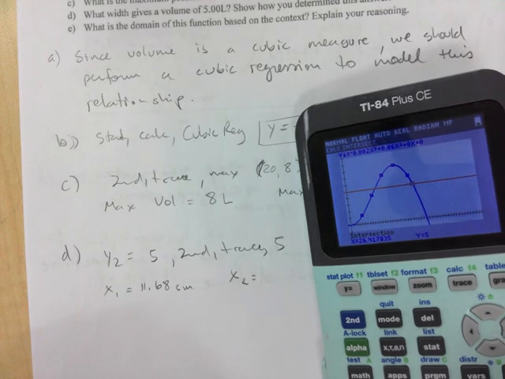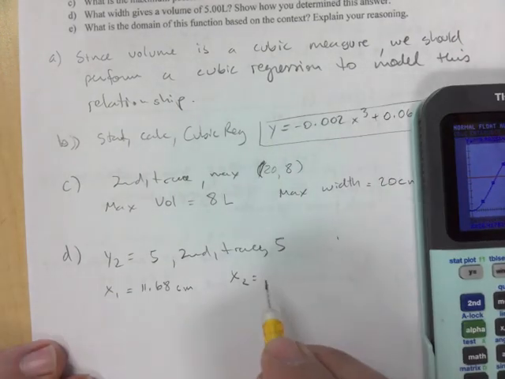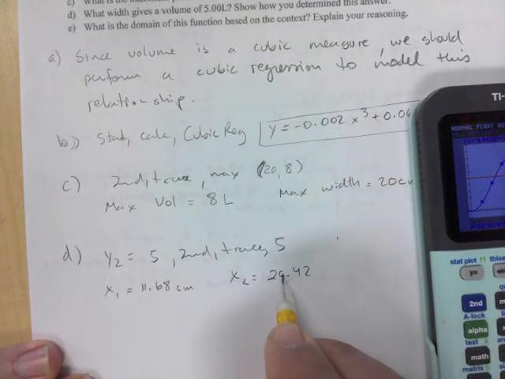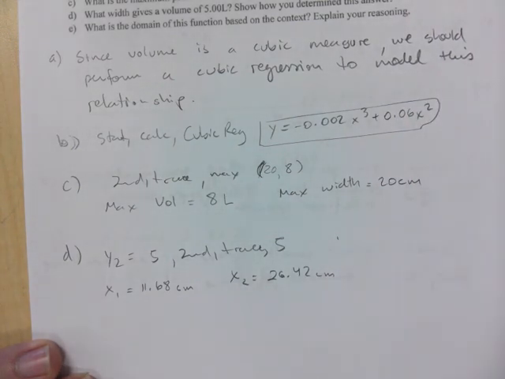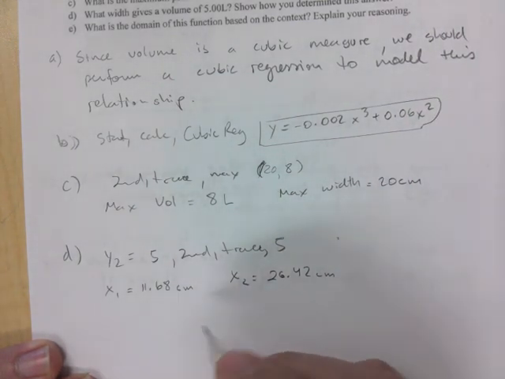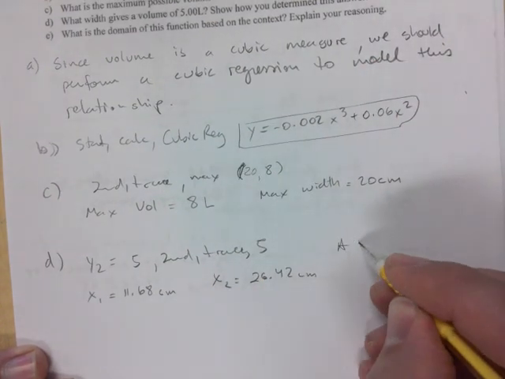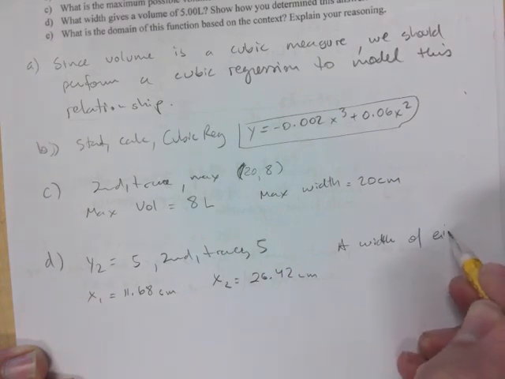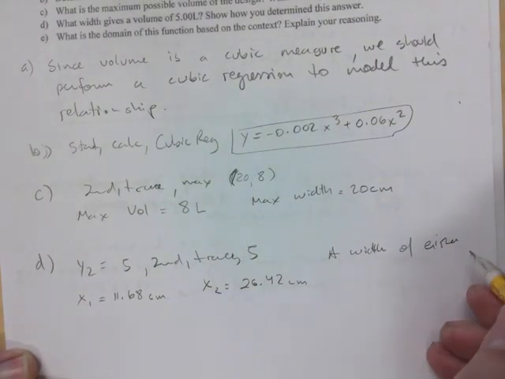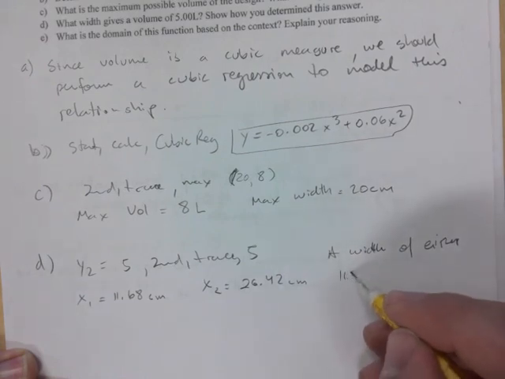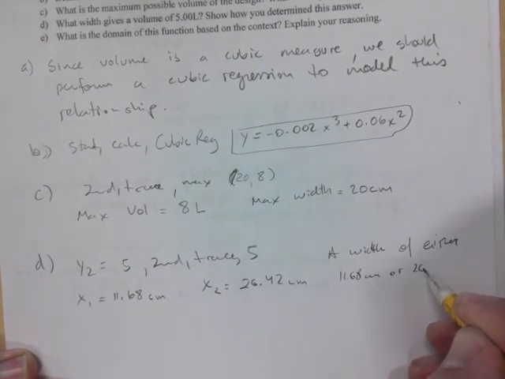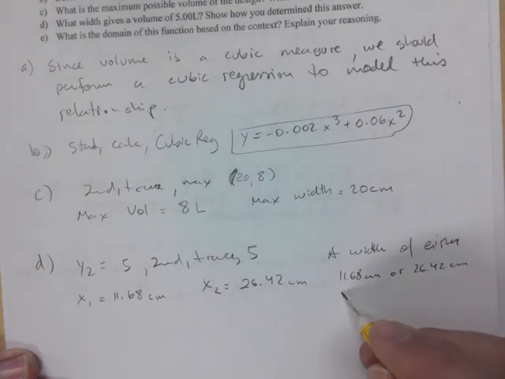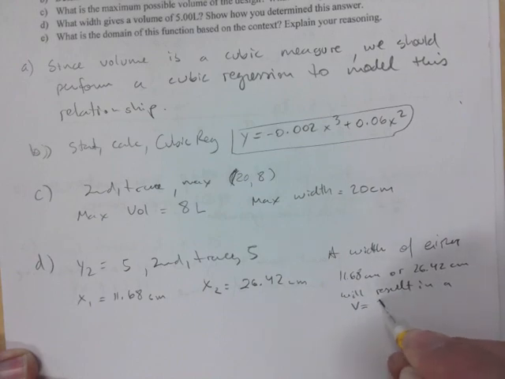That is 26.42 centimeters, right? Then we can just say a width of either 11.68 centimeters or 26.42 centimeters will result in a volume of 5 liters.